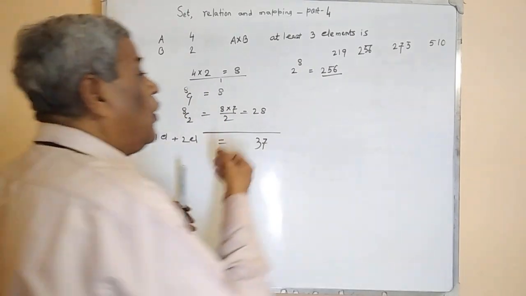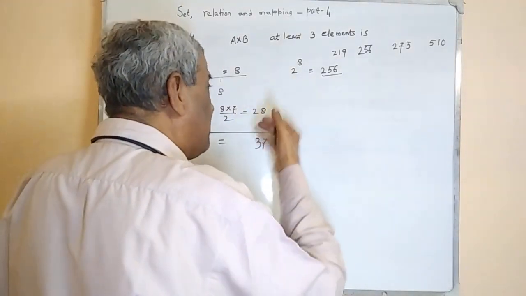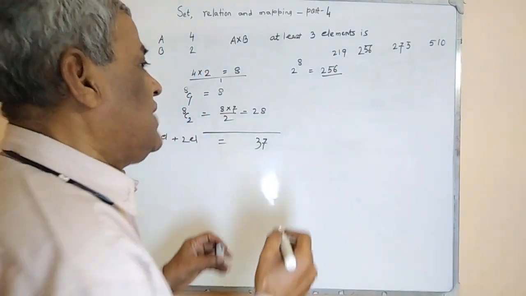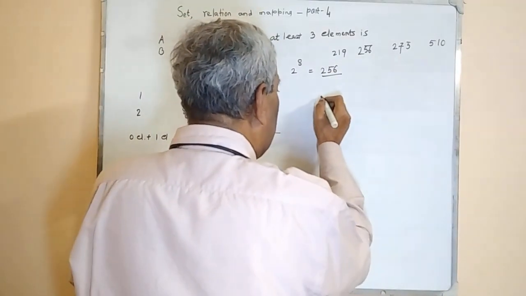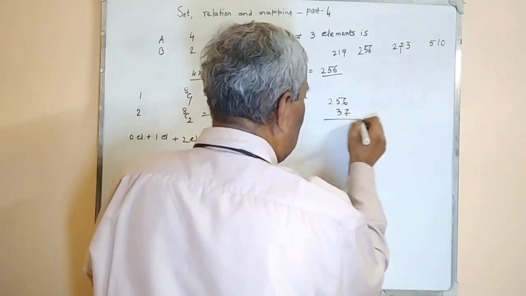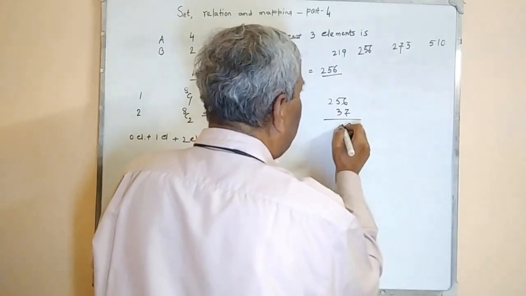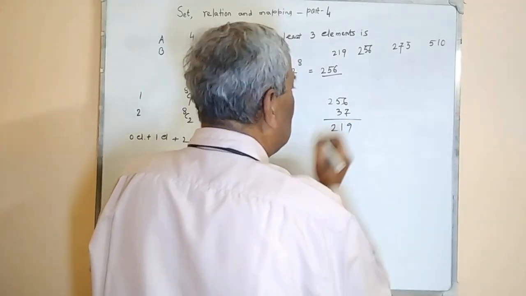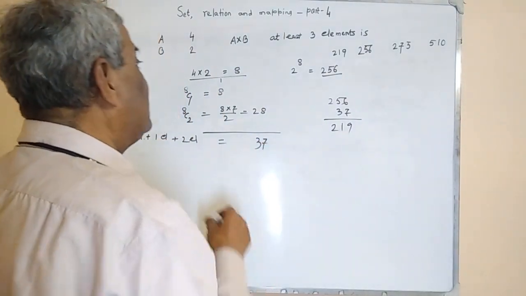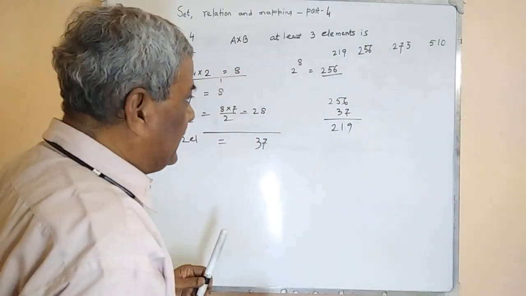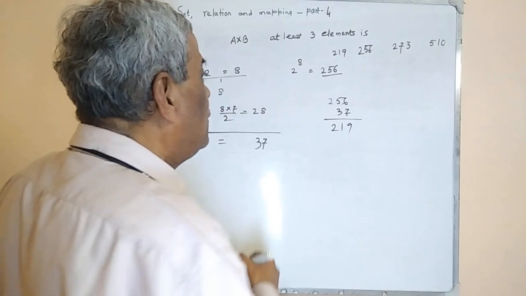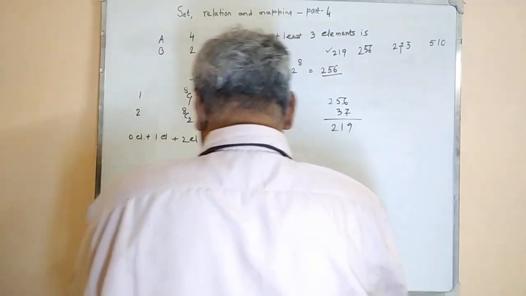All the rest of them have 3 or more elements. So the required number is 256 minus 37, which is 219. So 219 subsets are there of A cross B which contain 3 elements or more. So our option is 219.